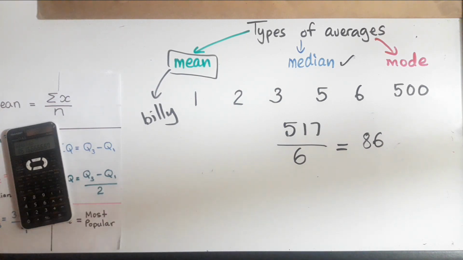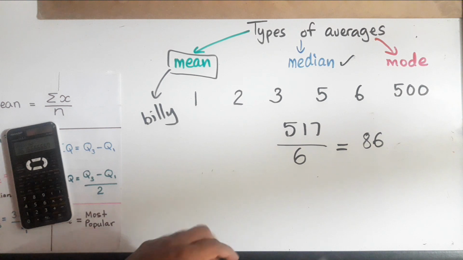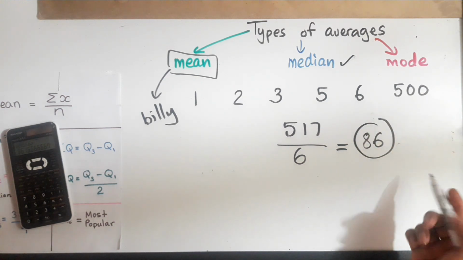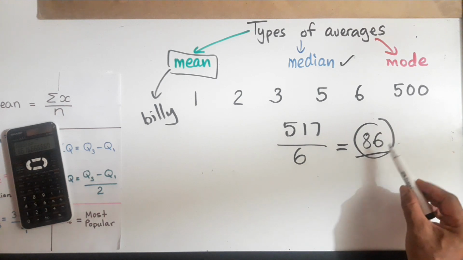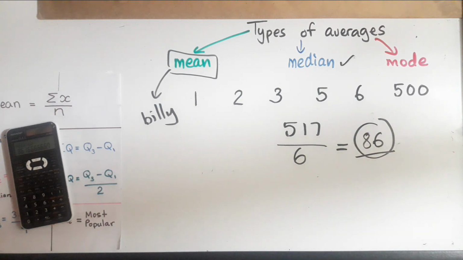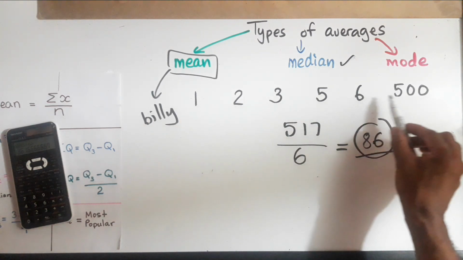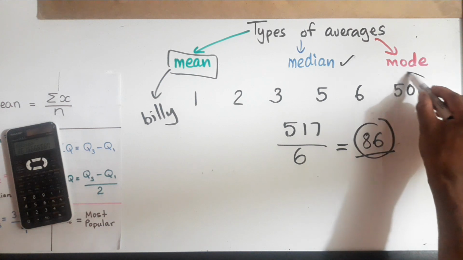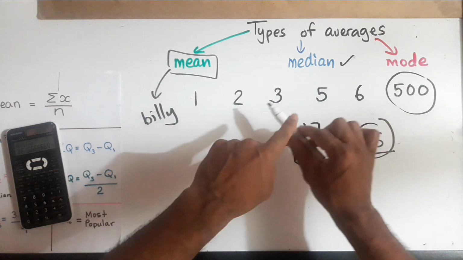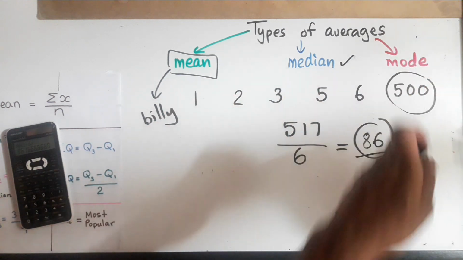So can you see how misleading this information is? Because he chose the mean. This gives the impression that everybody roughly eats 86, when in truth only one person is interested in plenty of tacos. Let me explain what you call this odd guy. You notice everybody here is around reasonable values, and then you have this odd one out.